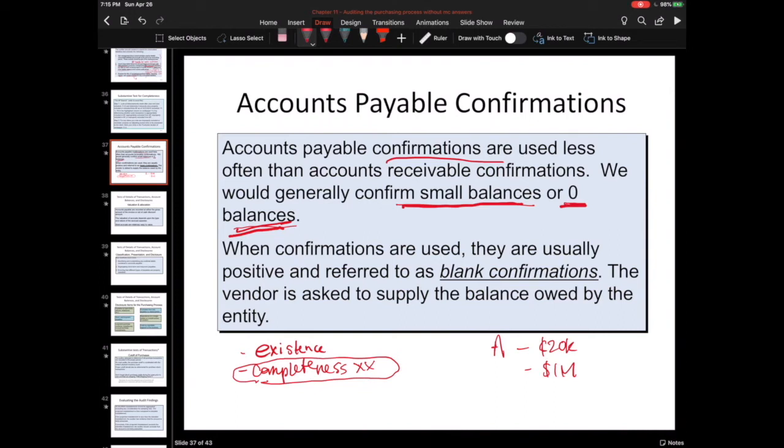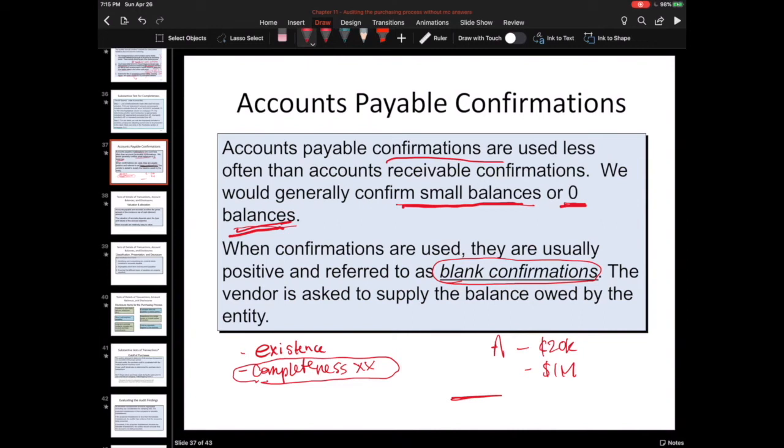Oftentimes, because of this, when I use AP confirmations, I'll often use blank confirmations, which means when we were looking at AR confirmations the other day, we noticed the amount was filled in and the customer had to reply yes or no. So if we use a blank confirmation, it'll actually just say blank, and it will say, hey, can you reply and tell us how much you owe?